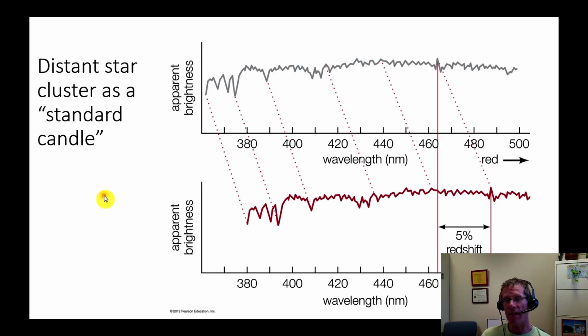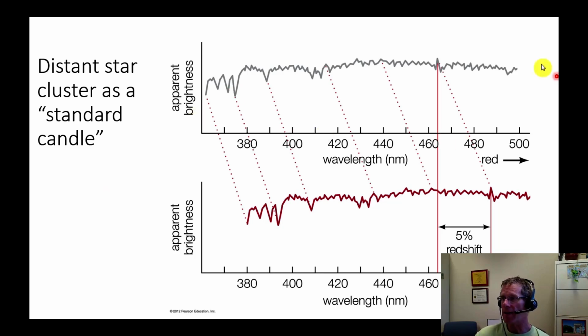Although in this case, it was a little bit more subtle than just the brightness of the bulb, so to speak. He looked at the distribution of the light, or the spectra. And that spectra was redshifted, because that object was moving away from us.